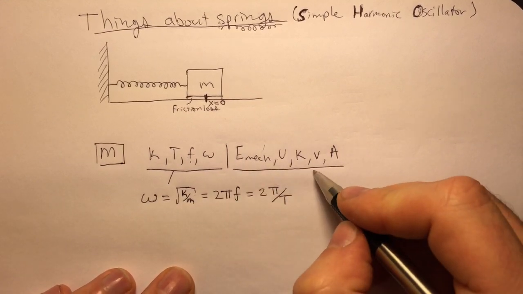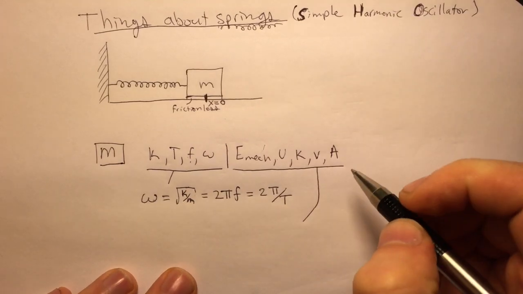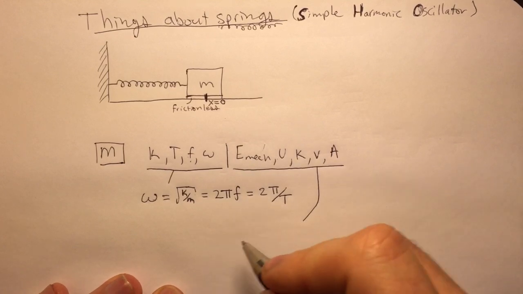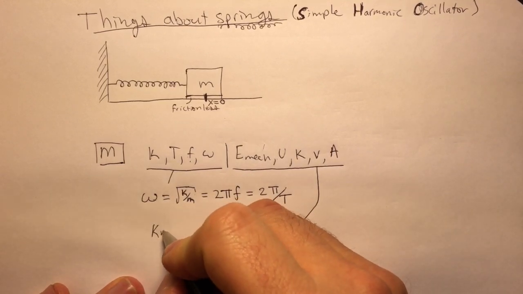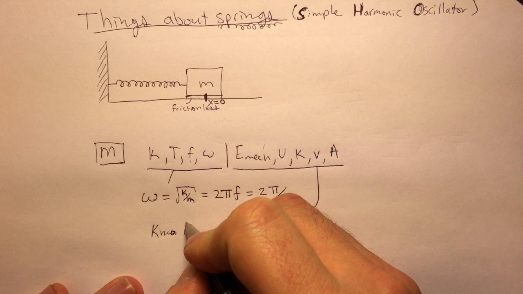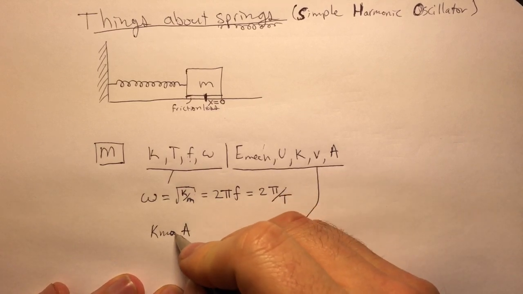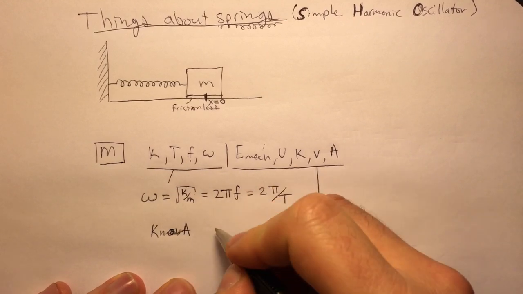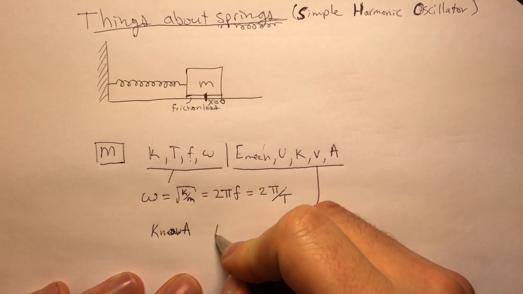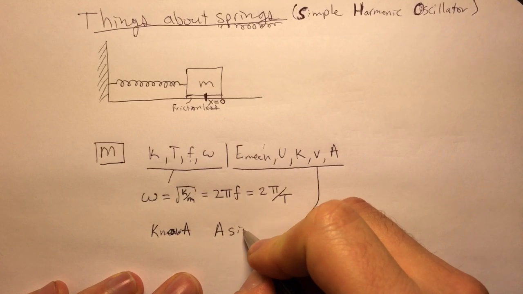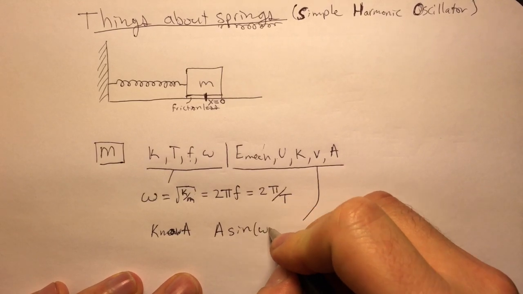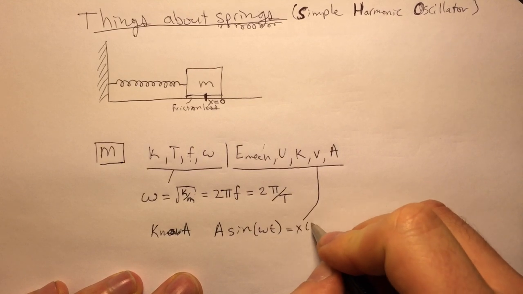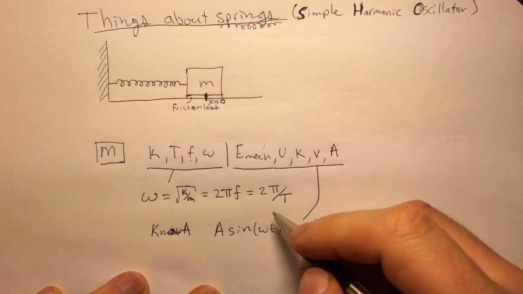Okay, so now let's move to energy. Let's say you know, for example, the amplitude. What that means is that you know this thing can be written as x equals A sine omega t. That's the position as a function of time, just something on the side here.